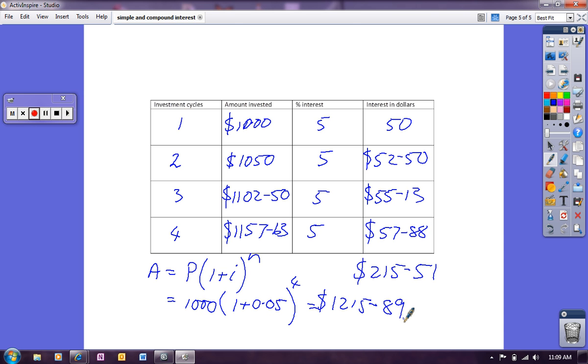Sorry, 51 cents, my mistake. Which is my final amount, which is the $1,000 that I started with plus $215.51 interest. So that's how compound interest works.